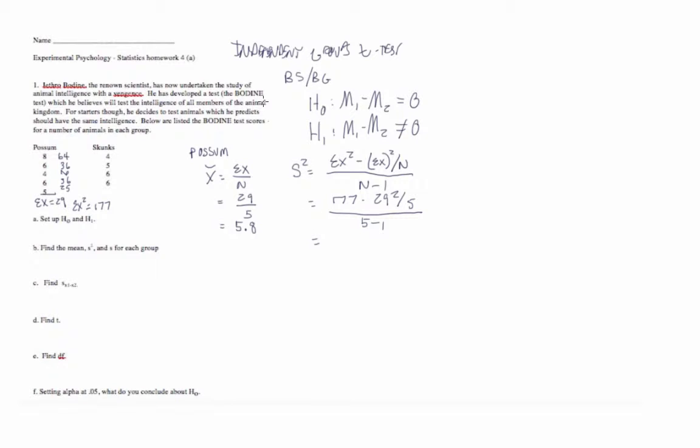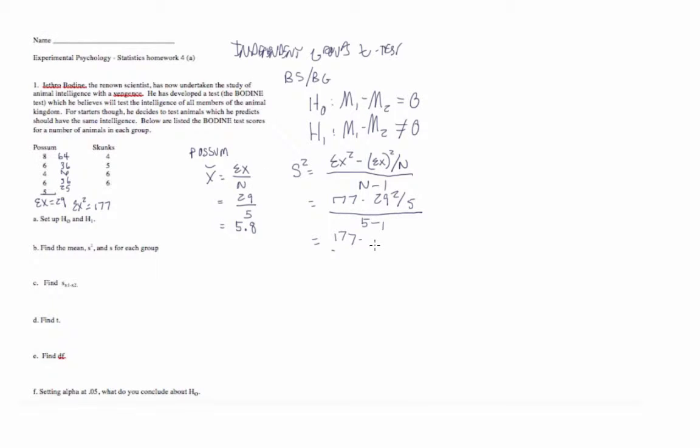If we skip down a step, 177 minus 29 squared divided by 5. Oh, wait a minute, I just did that.